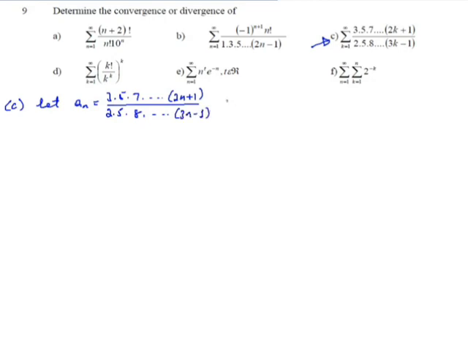Then our n plus 1's term becomes 3 times 5 times 7 and so on, the last term being 2n plus 3, over 2 times 5 times 8 and so on.